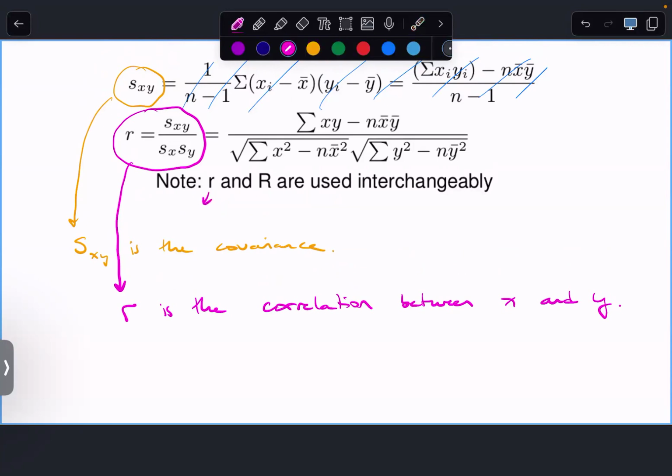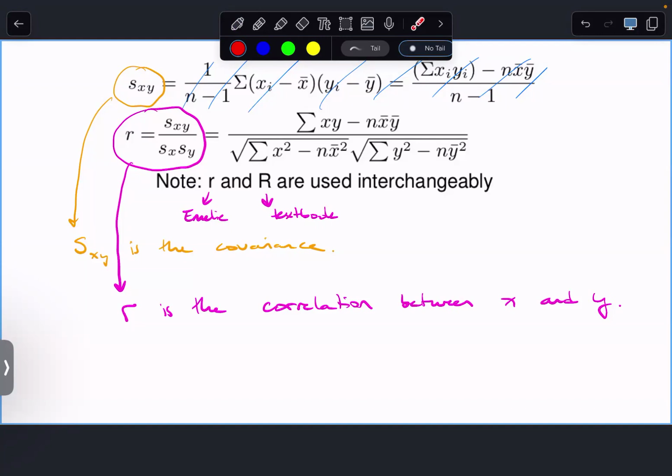And so here, I use the lowercase r, and capital R is in the textbook. I just can't bring myself to do it. Just too ingrained. Okay, but they're used interchangeably. So if you see a capital R, it's fine. It's just the correlation.